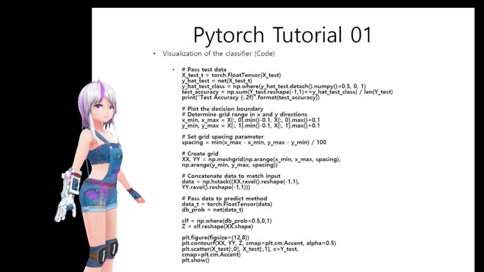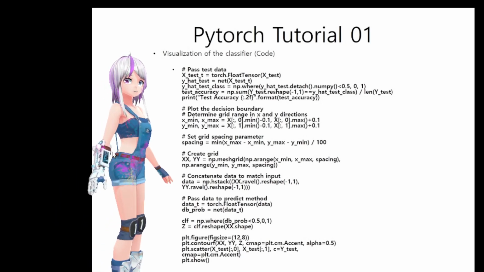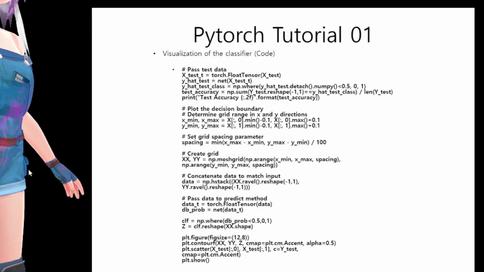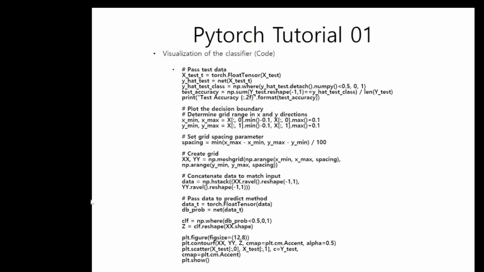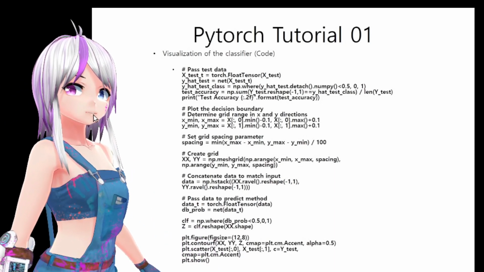First, we pass test data, 5 statements of that, and we print some test accuracy. Then we plot the decision boundary and determine the grid range in the x and y direction by using x min, x max, y min, y max, and we set the grid spacing parameter.